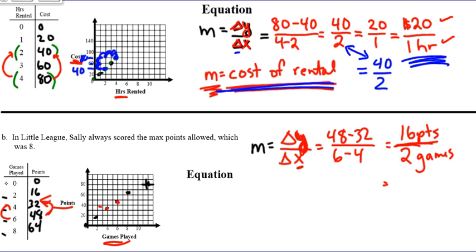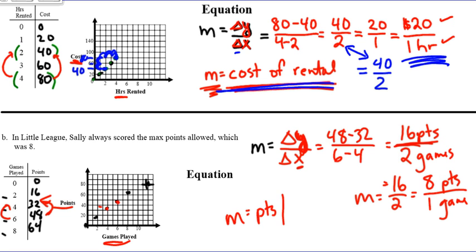But we can reduce that. 16 over 2 becomes 8 points every 1 game. So again, this slope value is equal to the points per game.